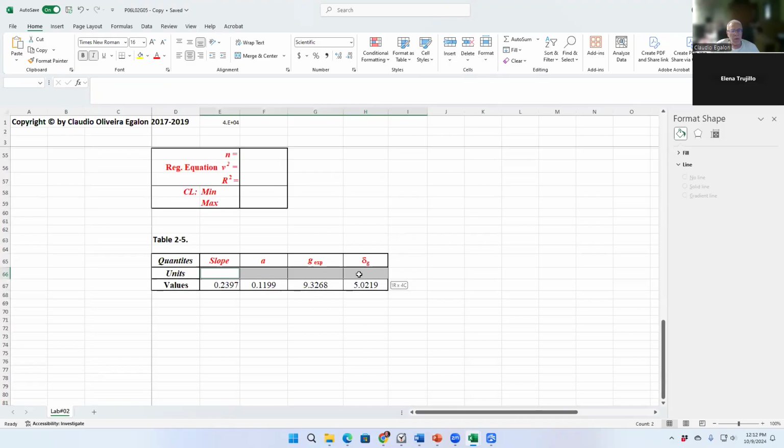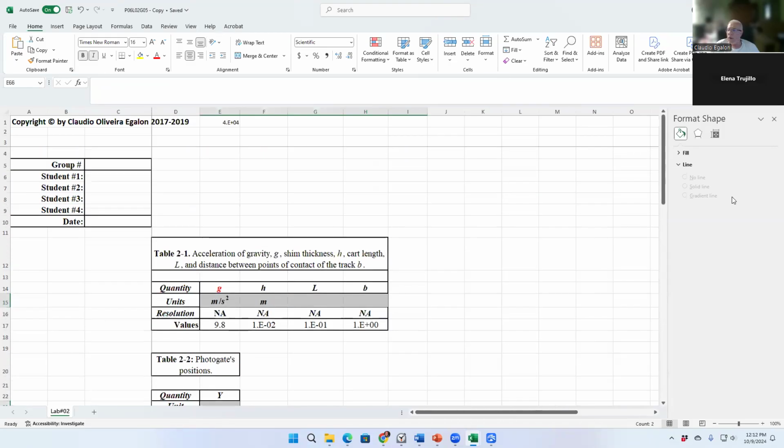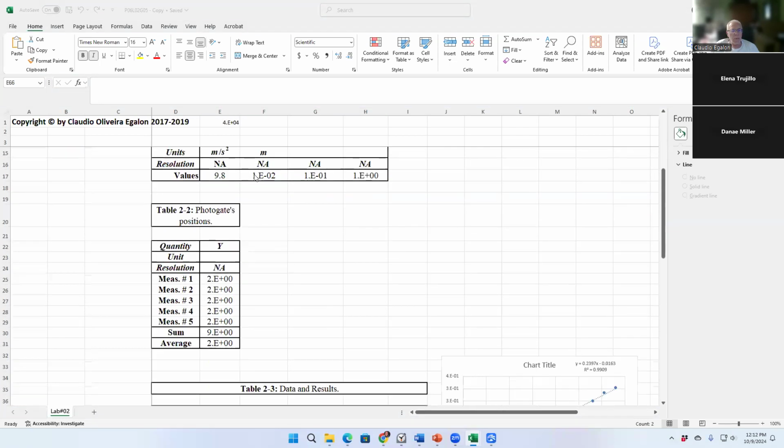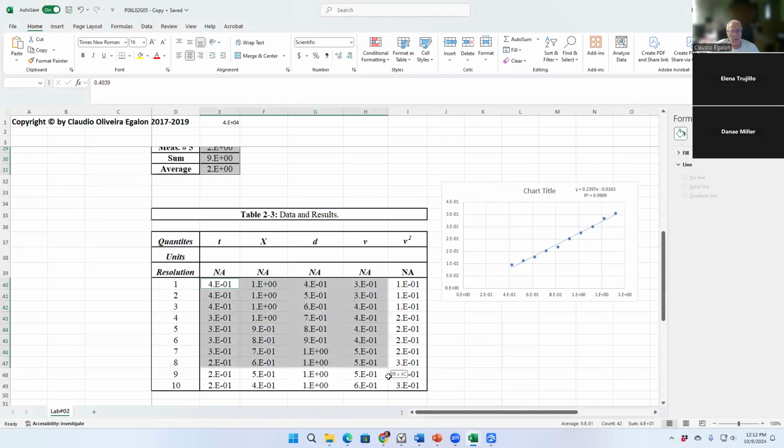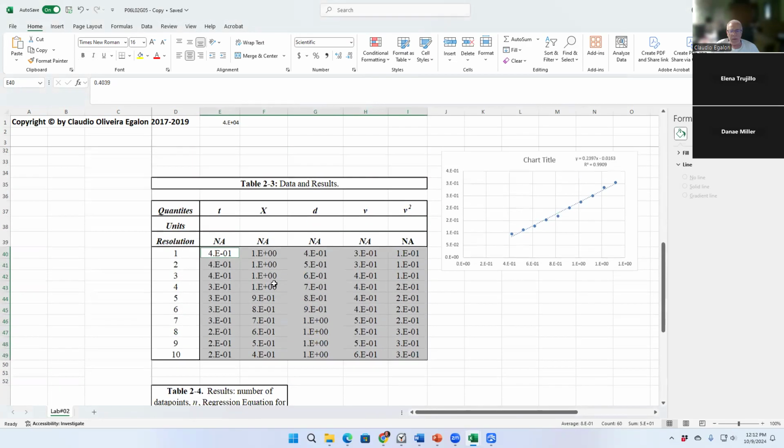And then you display all the numbers and results with the proper number of significant figures. What is in red, you do not have to worry about significant figures. Okay, so only those that you have to.